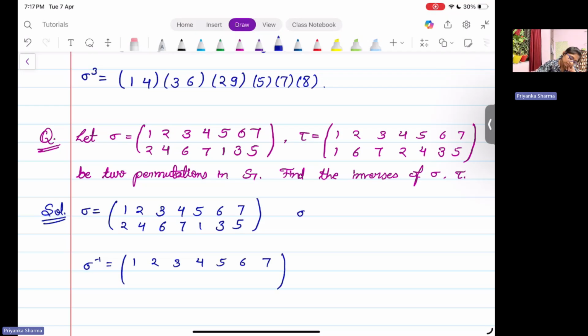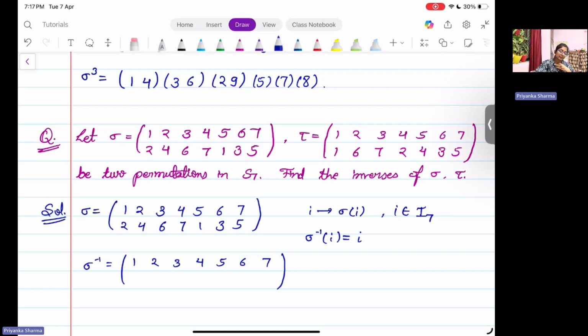See, here we have this i is mapped onto sigma i, for i belongs to I7, that is 1, 2, 3 up to 7. And this sigma is bijective. So here we can have sigma inverse of sigma i, that will give us i again. So we will apply the inverse map here.